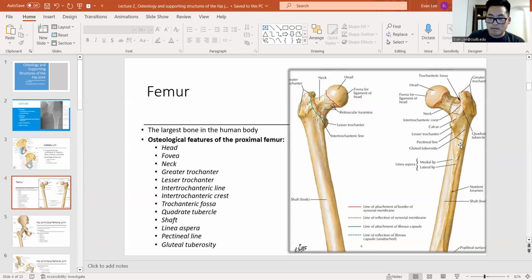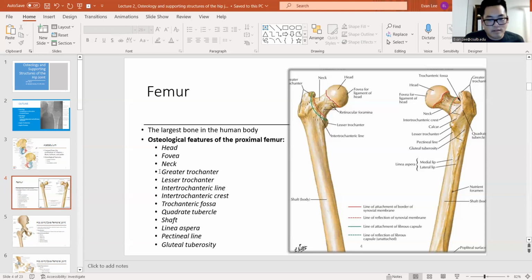And then the gluteal tuberosity. I think we remember what the word gluteal means. This is where the gluteus muscles attach as well. But this is more lateral, extending from the linea aspera. And then medially, this is where you get the pectineal line.